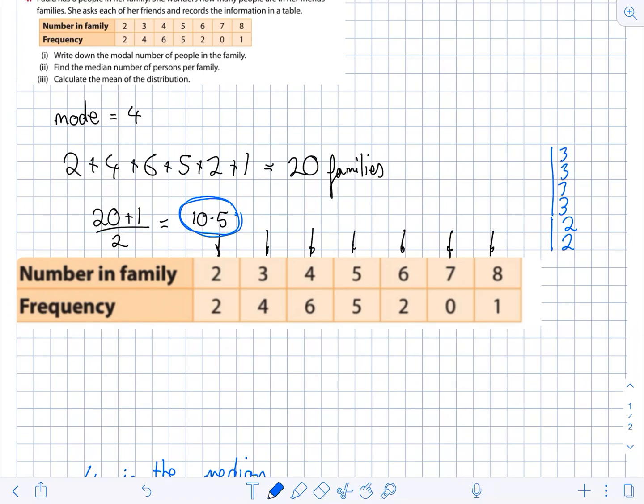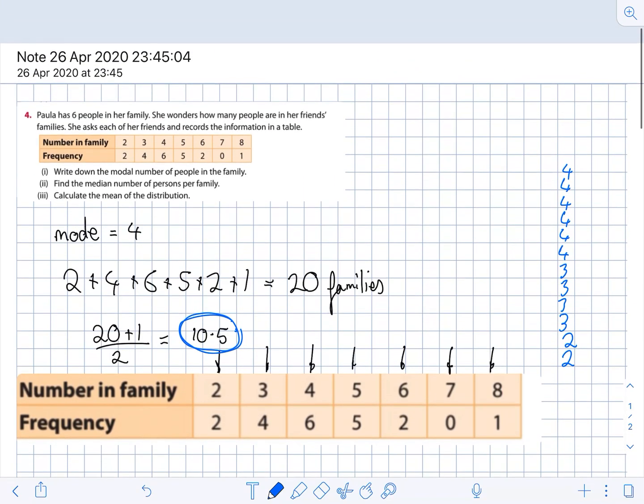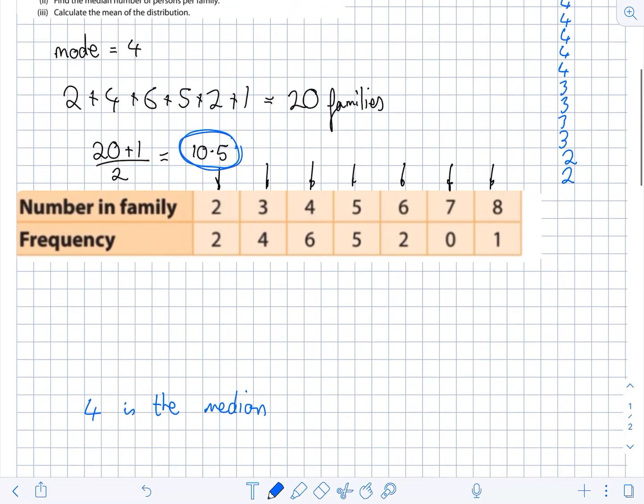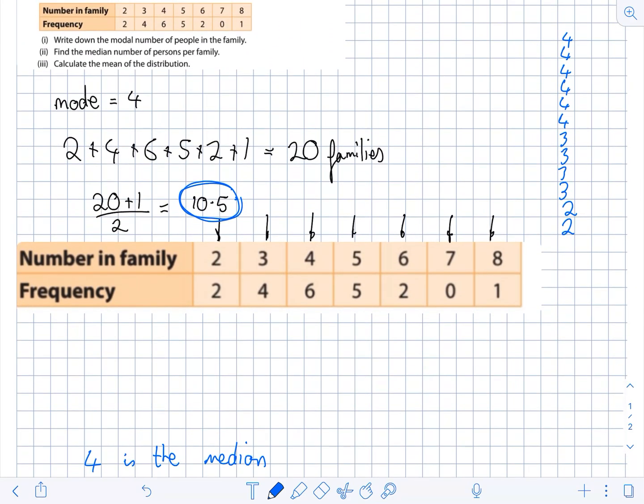So there's 2 2s there, 4 3s. There's going to be 6 4s, 1, 2, 3, 4, 5, 6. So you can see the problem with doing this. I'm going to run out of space very quickly. But we know that it's at the 10.5 term. So we want to know, when do we tick off 10.5 terms? So we tick off 1, 2, 3, 4, 5, 6, 7, 8, 9, 10.5. So it must be in there, between that 4 and that 4, is the median.